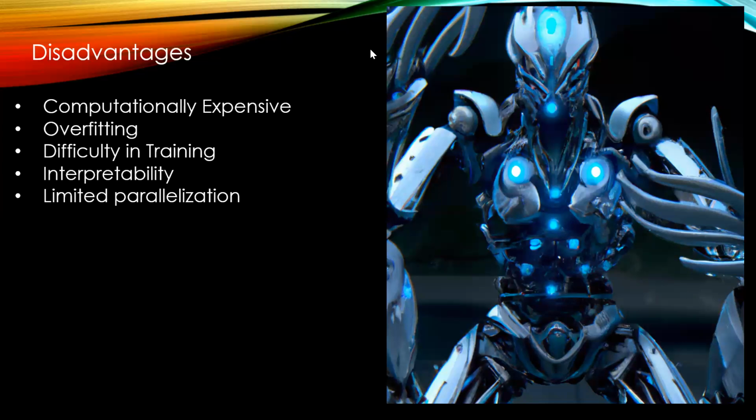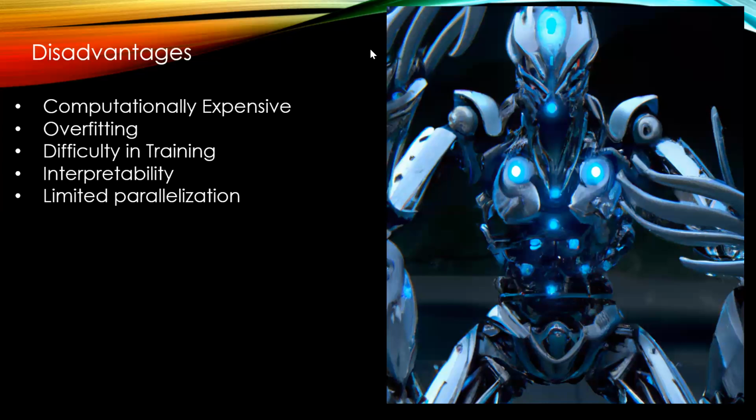Training an LSTM network can be challenging due to the complexity of the architecture and the need to fine-tune several hyperparameters. The training process can also be very slow, which can be a bottleneck in the development process.